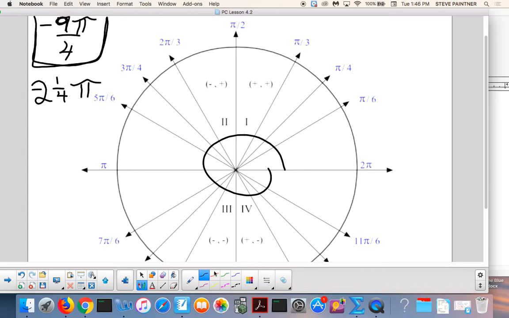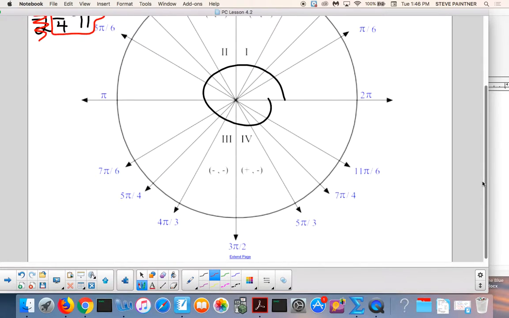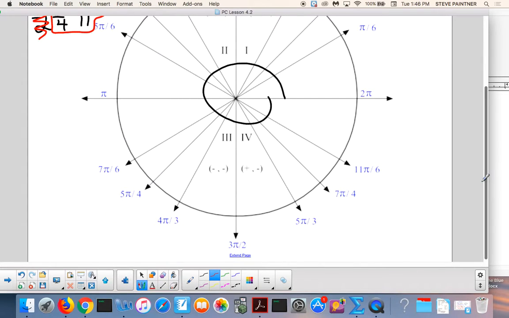So guess what? I already took care of this. I just have to go what? A fourth of a pi. Well, these numbers are broken in. Remember, pi is half a circle. So do you realize that all I have to do is go this much further? That'd be another fourth. These are fourths. 1/4 pi, 2/4 pi, 3/4 pi, 4/4 pi. Okay, so you should have ended up right here.